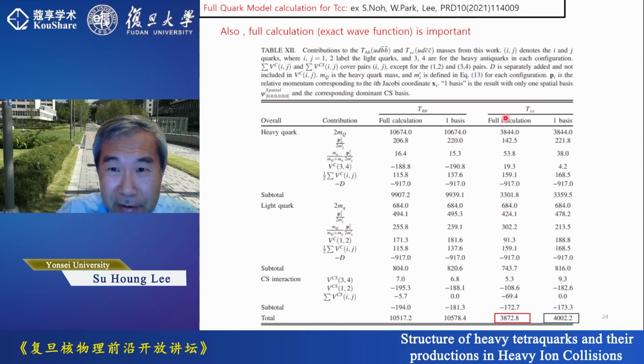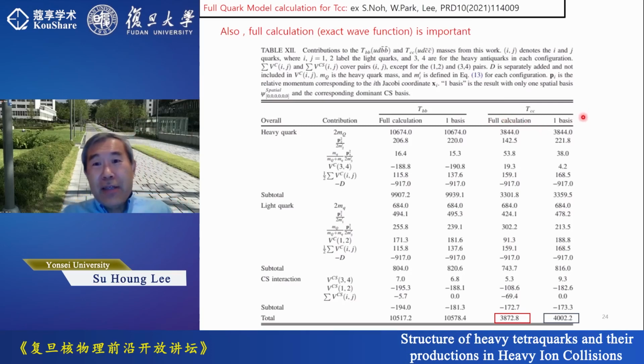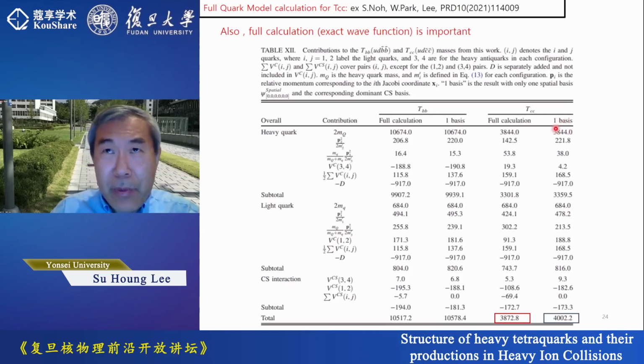but then, instead of using one basis and full basis, there's also a difference. If you look at the full calculation, one basis means just a variational trial wave function with one Gaussian, and this full calculation is using a full wave function, all possible configurations.